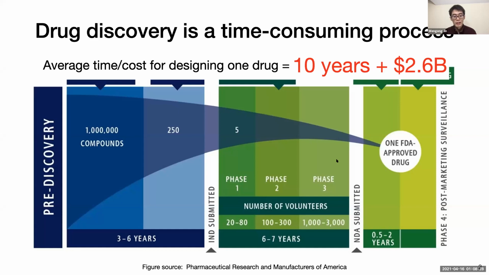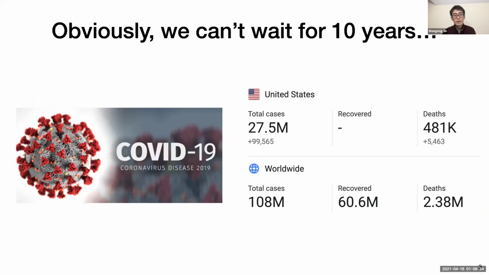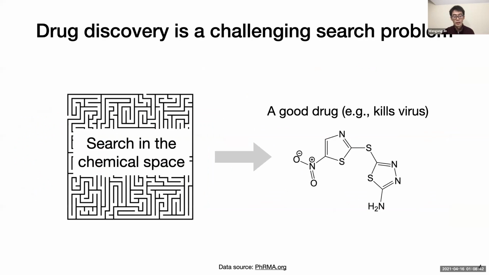This is data that I copied from the Pharmaceutical Research of America. Obviously, we don't want to wait for another 10 years, locked down at home, just waiting for a COVID drug to come out, right? We do want to find drugs very quickly in order to respond to pandemics or novel pathogens.